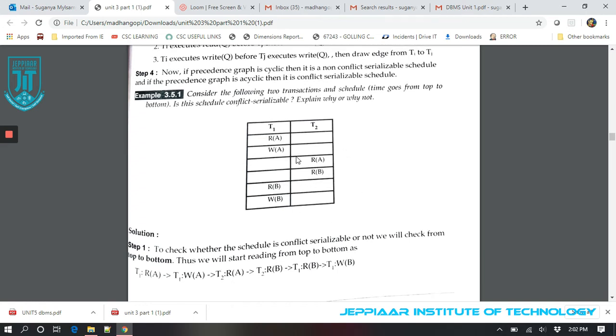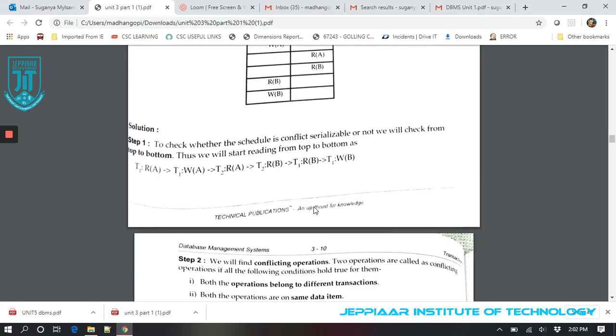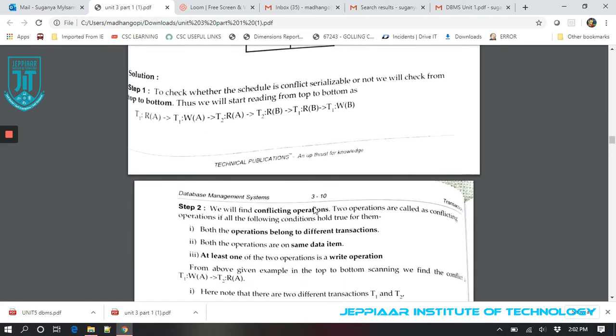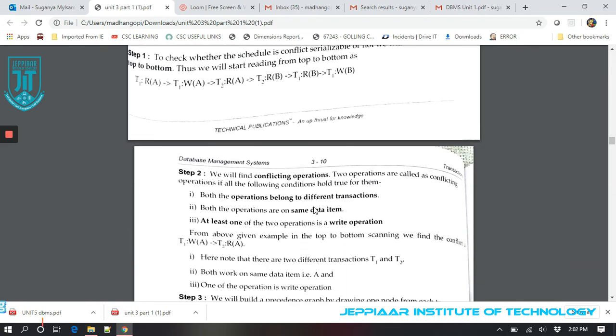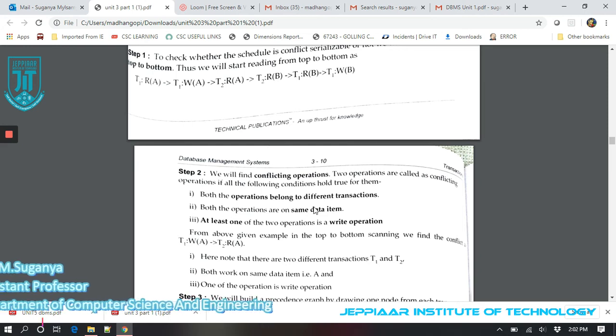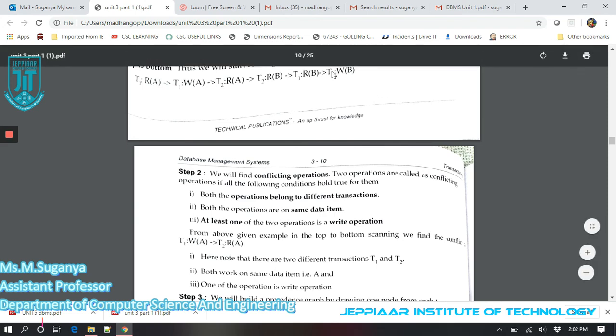This is the schedule they have given. We have to draw the graph for this, identify the conflict pairs, and then conclude: if there is a cycle, it is non-conflict serializable, and if there is no cycle, we consider it a conflict serializable schedule.